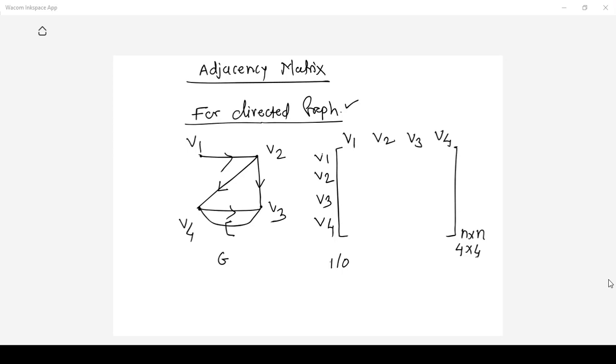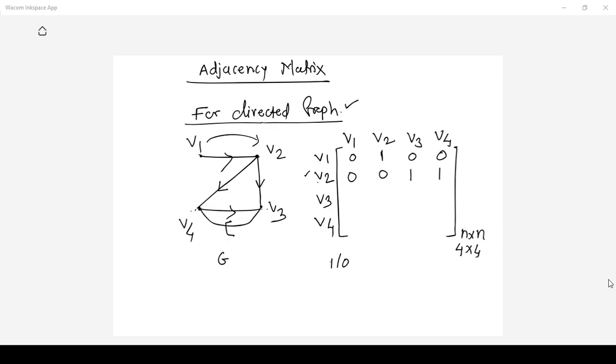So let us write the values for vertex v1, or the row of v1. If you look at the graph, v1 is adjacent to v2, hence 1 here, and v1 is not adjacent to any other vertices in the graph, and hence we'll write 0 in the remaining places of the row of v1. If you go to the row of v2, v2 is adjacent to v4 and v3 as the direction is from v2 to v3 and v2 to v4. So v2 to v3 is 1 and v2 to v4 is 1, rest you have 0.